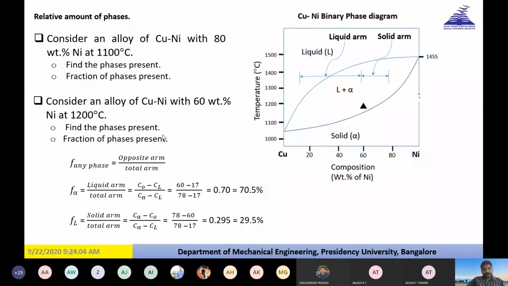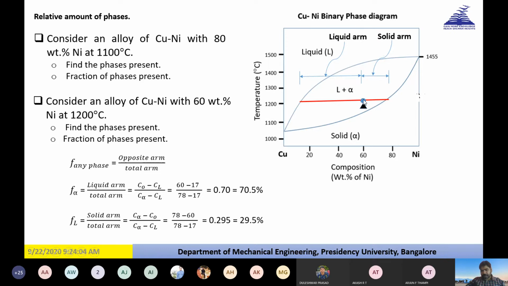Okay, see here. Consider an alloy of copper and nickel with 60 weight% nickel at 1200 degrees Celsius. By the time I have told this percentage and this temperature, you can find out where we are in the phase diagram. So here you can see we are talking about this point only, because this is 1200 degrees Celsius and 60 weight% nickel.